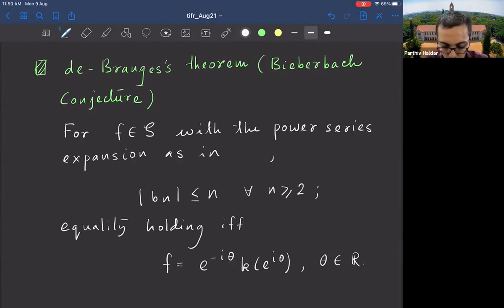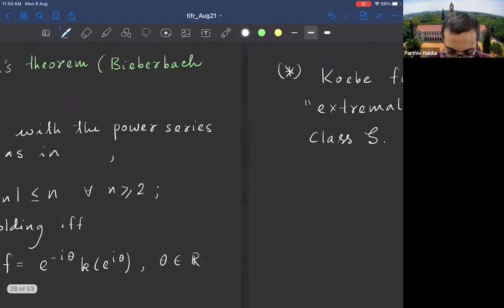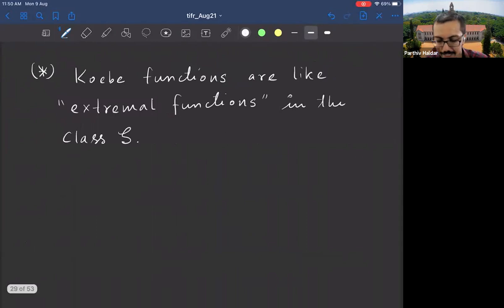Again, the equality holds if f is a rotation of the Koebe function. In this sense, Koebe functions are the extremal functions in the class S for these bounding relations.